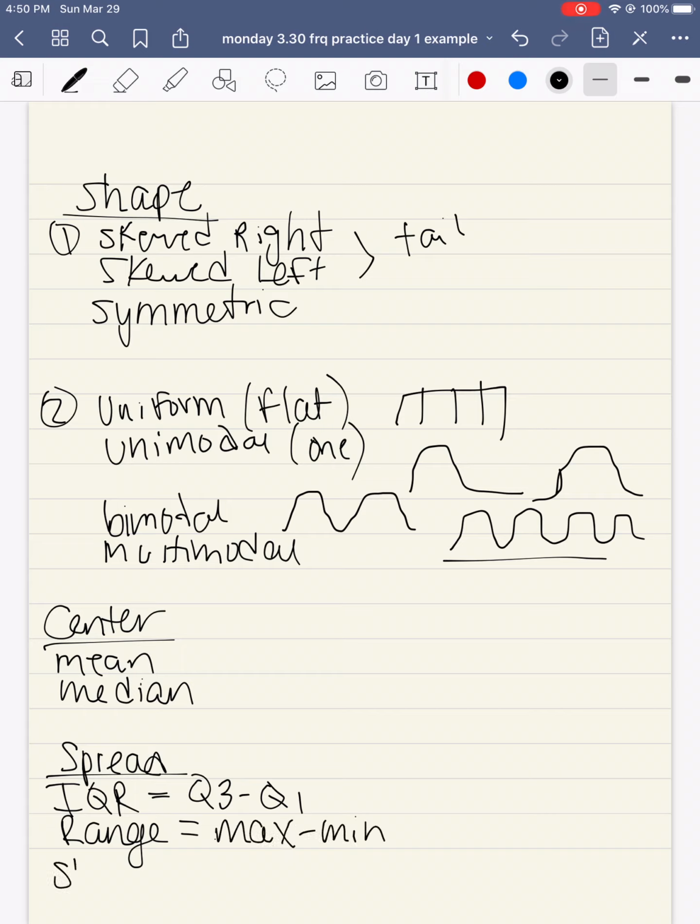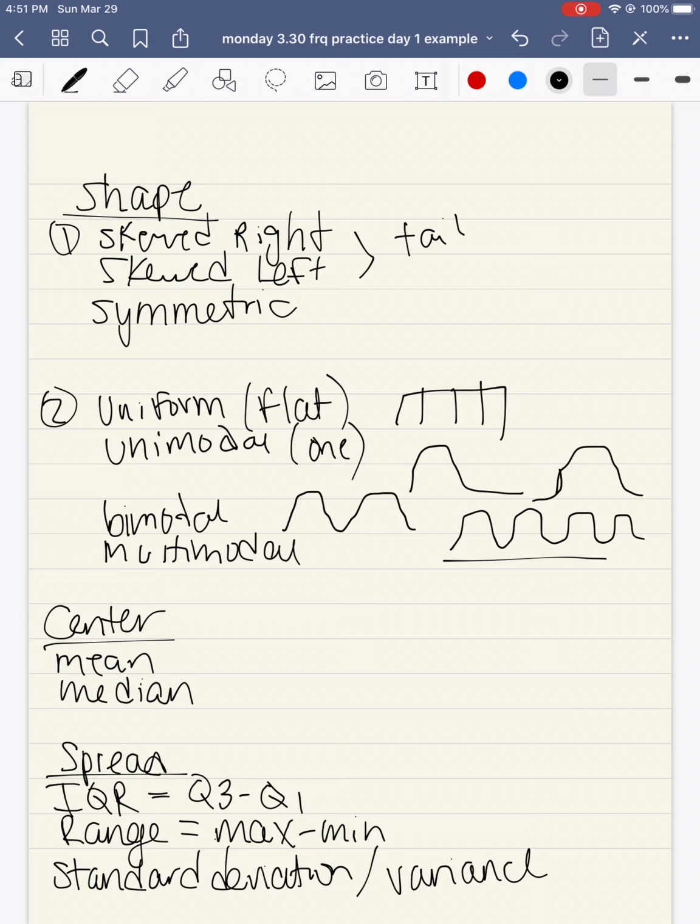This could be the standard deviation. Again, if we're given some sort of data set, we could calculate that. Or the variance, which is related to the standard deviation. So the variance is just the standard deviation squared. But those we would find using our calculator.